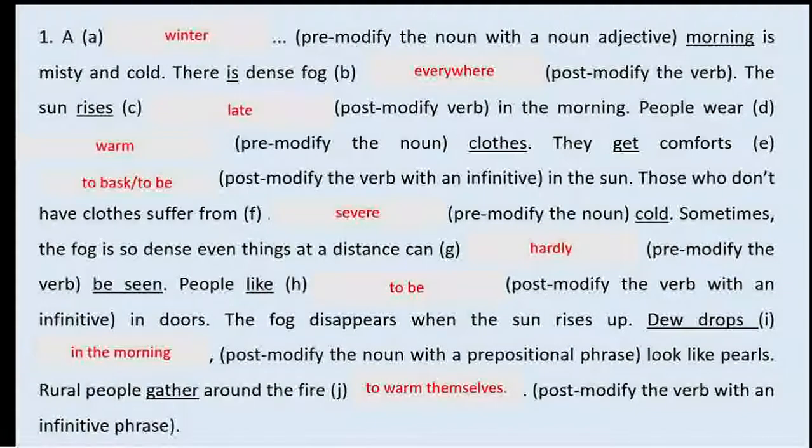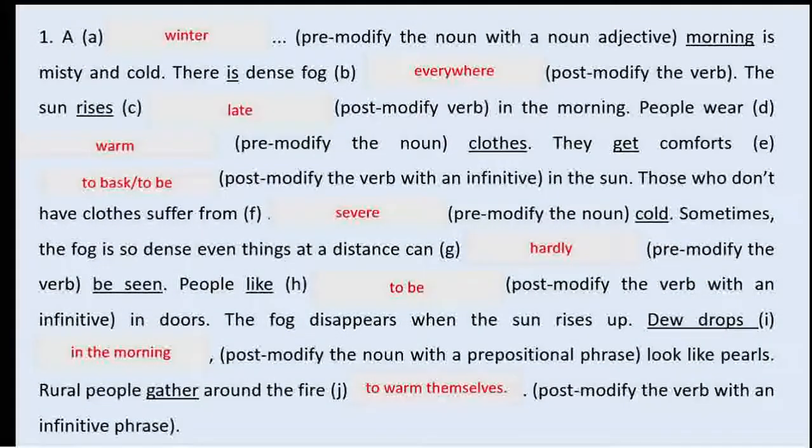And now you can see the answers here. Winter morning is misty and cold. There is dense fog everywhere. The sun rises late in the morning. People wear warm clothes. They get comforts to bask or to be in the sun.